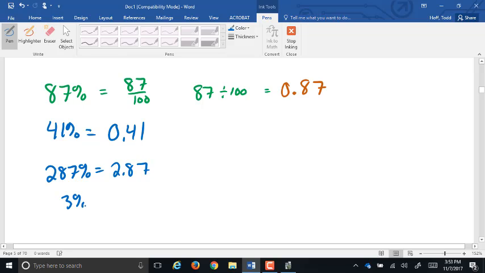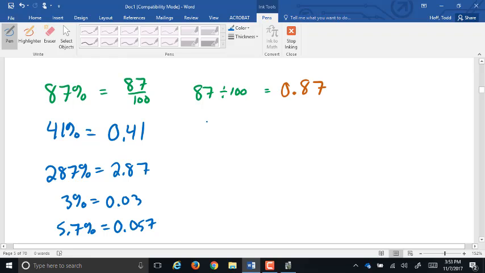3% is going to be what as a decimal? 0.03. 5.7% will become what as a decimal? 0.057.